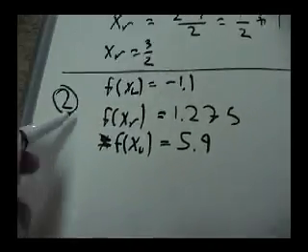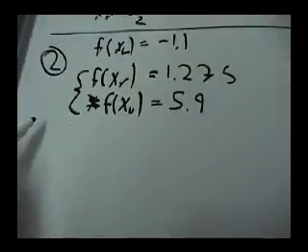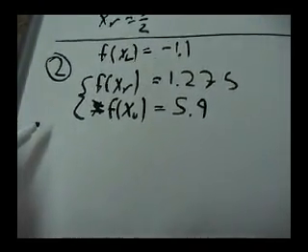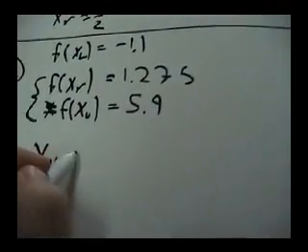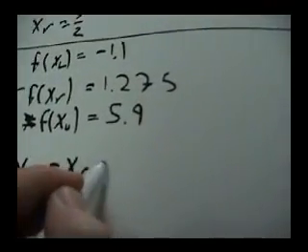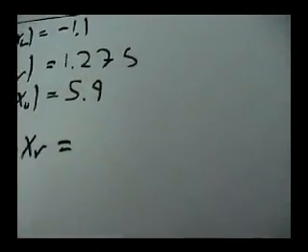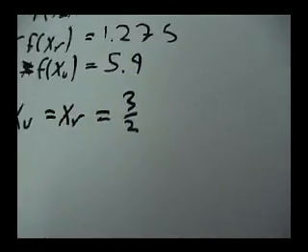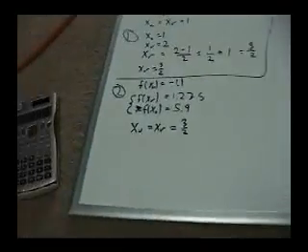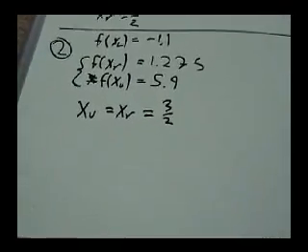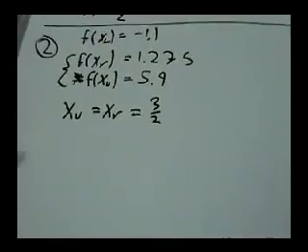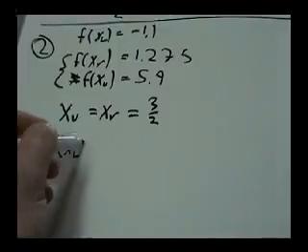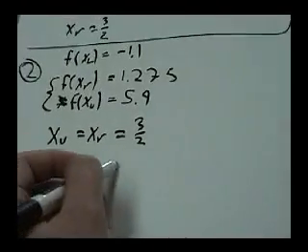So we see that these two are positive values. So now what we do is we move down our XU. So we say that our X upper is equal to XR, which is 3 halves. So we know that our value is somewhere between 1 and 3 halves. So f of xl is still equal to negative 1.1.